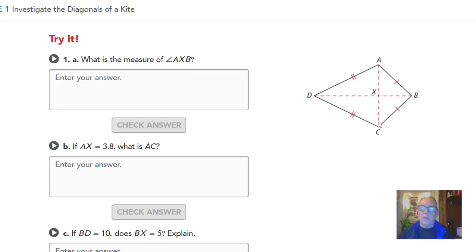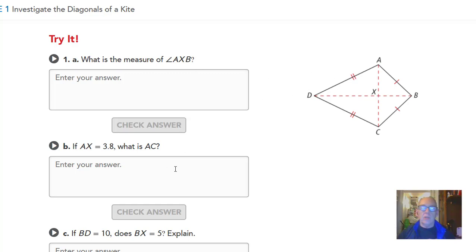Third question, if BD is equal to 10, does BX equal 5? No. There's nothing about this major diagonal being bisected by the minor diagonal. It's the other way around. This minor diagonal is cut in half by the major diagonal.